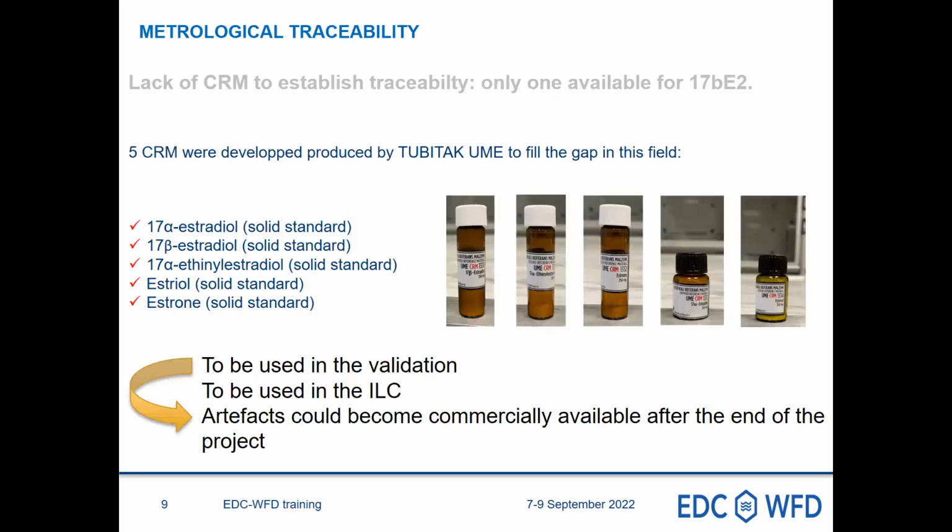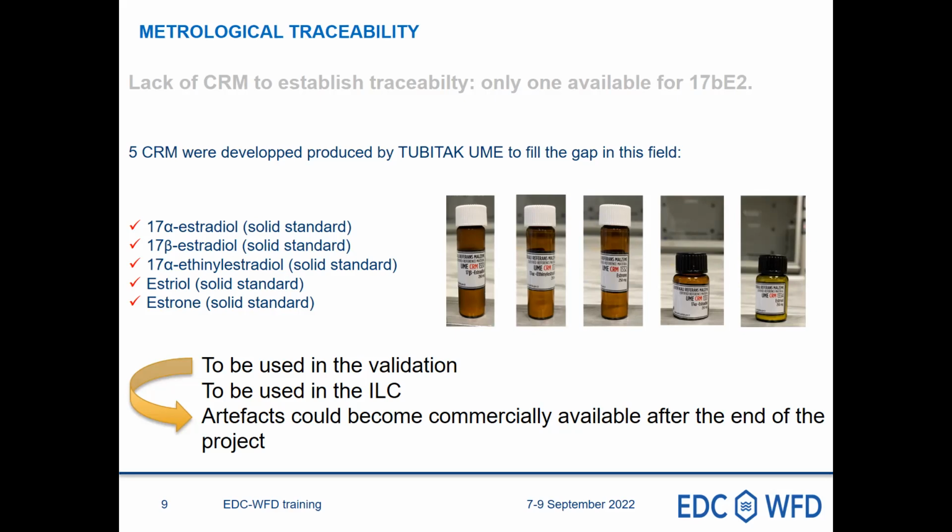Because there is a lack of certified reference materials to establish traceability, there was only one available, for 17 beta estradiol, at the beginning of the project. We have developed within the project 5 CRMs to cover all the different targeted substances of the project as pure standards, as solids, that could be used for validation and for interlaboratory comparison, and as artifacts could become commercially available after the end of our project.